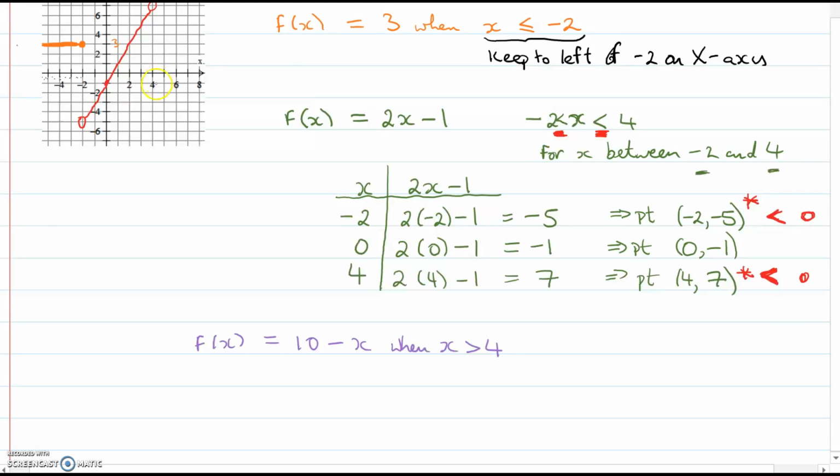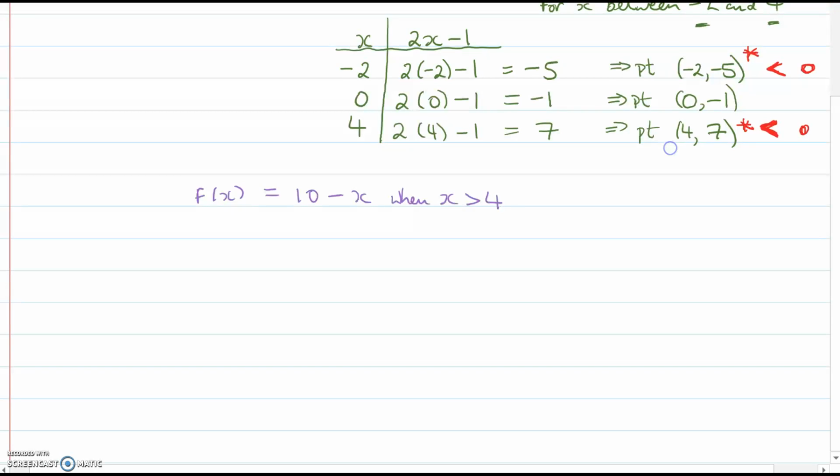So if we're talking about numbers over here that are bigger than 4, where the x value is bigger than 4, in that area the value of the function is going to be given by 10 minus x. So let's see how that works. We're going to make a table. So we'll have x, and we'll have 10 minus x. And this should work for numbers that are bigger than 4.